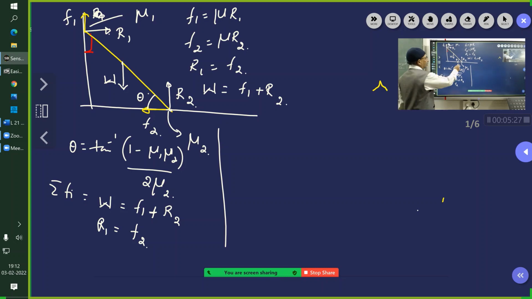You can take moments about this point or this point. One of these points you can take the moments. Theta is here, but take the moment about this point.